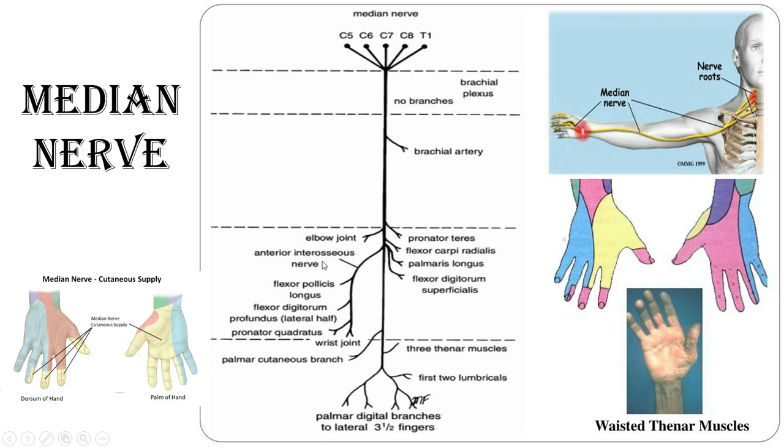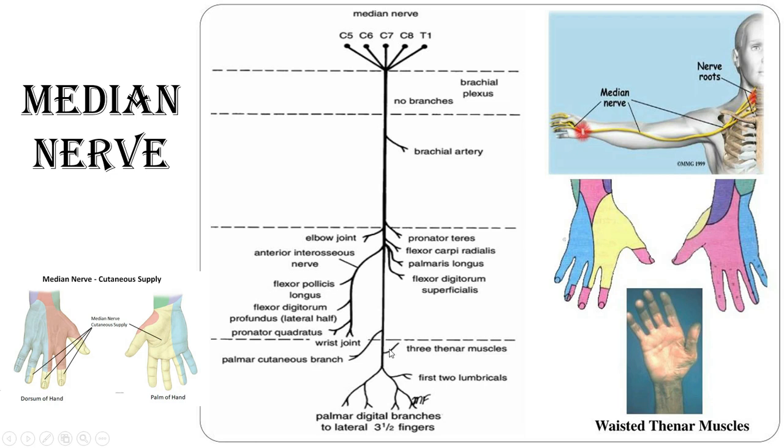And the anterior interosseous nerve supplies flexor pollicis longus, flexor digitorum profundus, lateral half, and pronator quadratus along with the wrist joint. Now when it crosses the wrist joint, there is a small twig, the palmar cutaneous branch, which is most commonly injured during the volar approach of plating or carpal tunnel release operation.